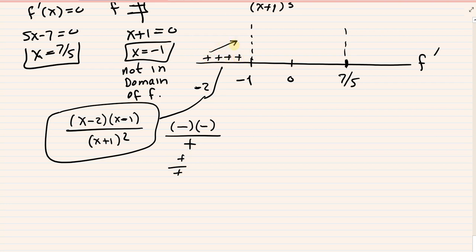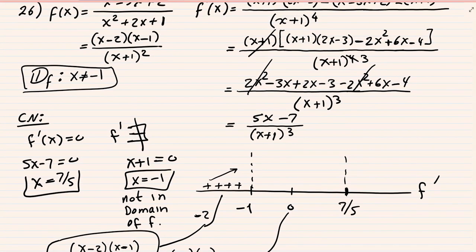Function increasing. Between -1 and 7/5, I'm going to pick 0. 0 minus 2, negative. 0 minus 1, negative, over positive. Negative times negative is positive over positive, so that's going to be positive again, right?